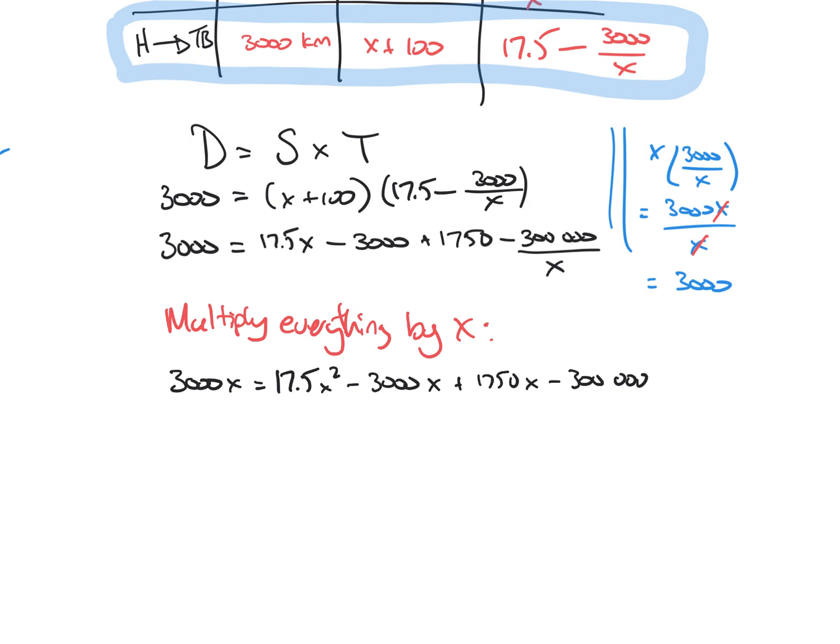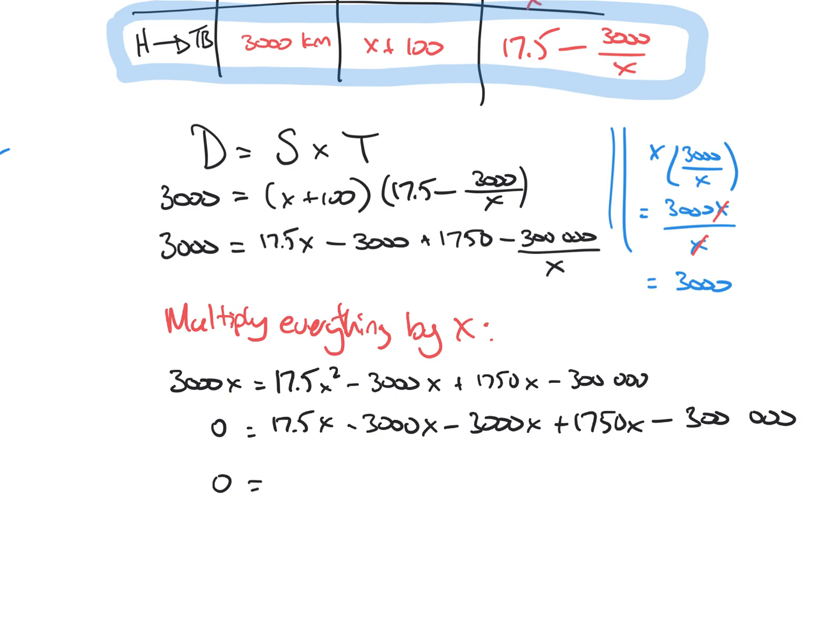And now we will bring the 3,000x over to the right side and simplify. So we're just making sure to put all of our like terms together.